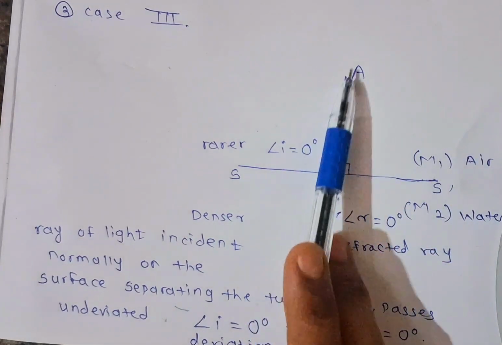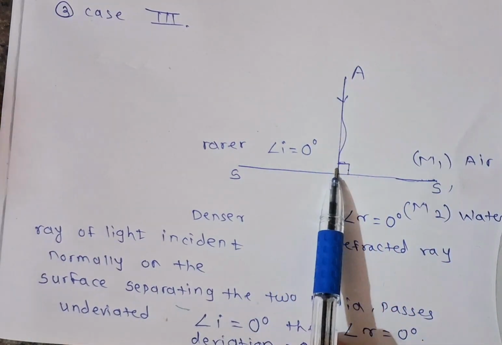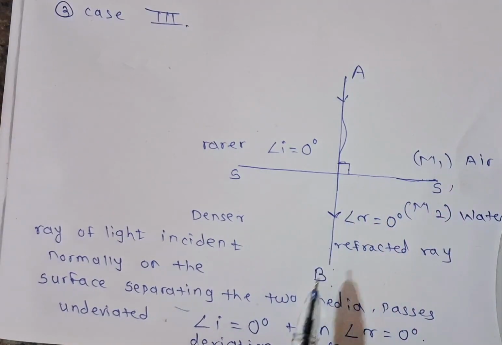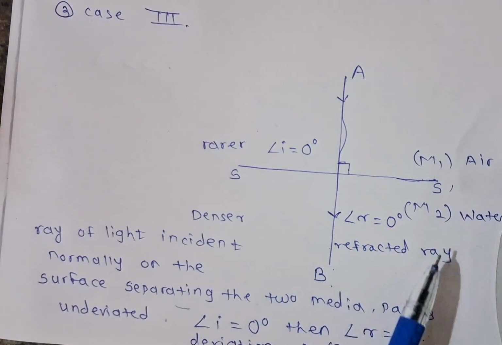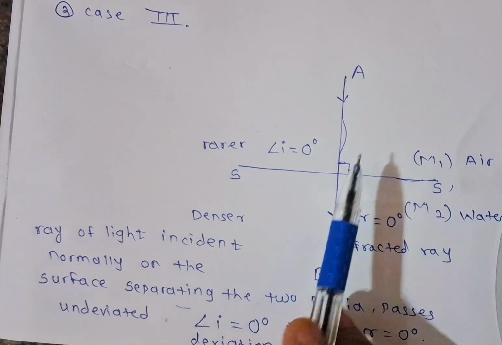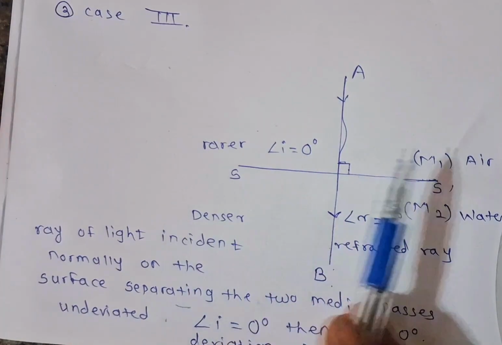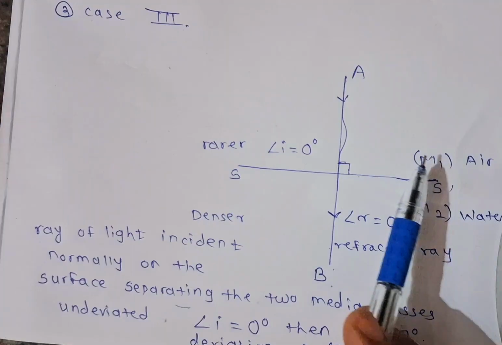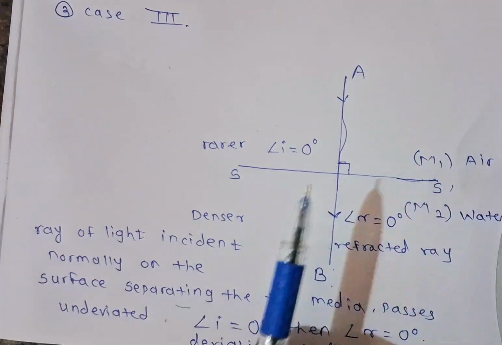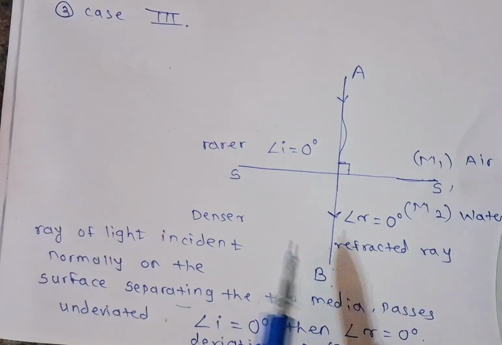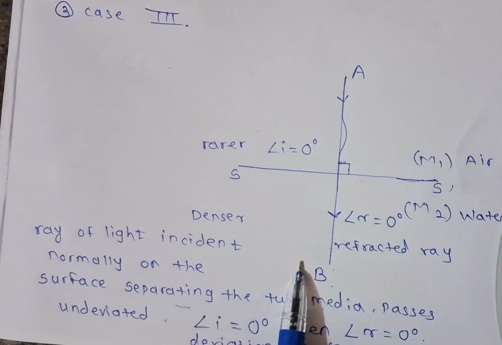So what happens if this light comes in medium 1, let it be air, and travels in medium 2? After refraction, the refracted ray gets undeviated. It does not show any kind of deviation. It comes and goes in the same direction.